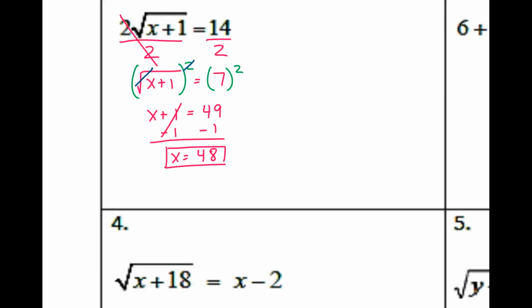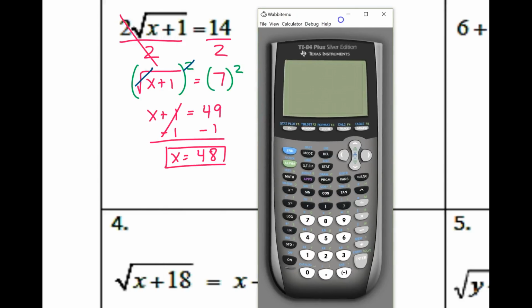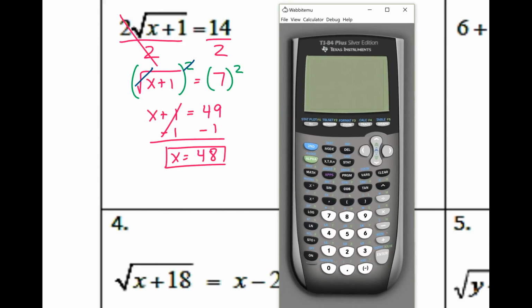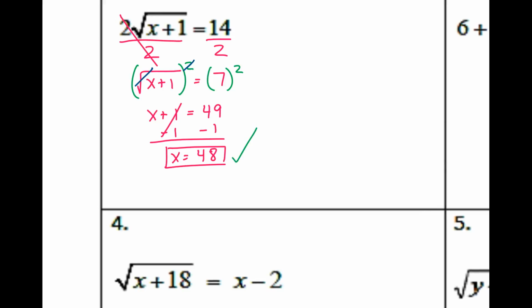So we go to our calculator, and we just plug the 48 back into the original equation. So, 2 square root 48 plus 1, and it equals 14. Is that what we wanted it to equal? Yes. So this has been checked.